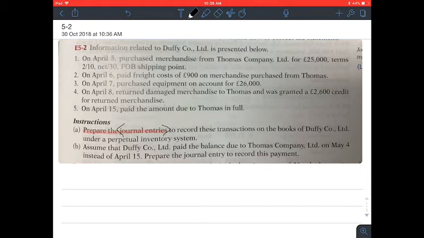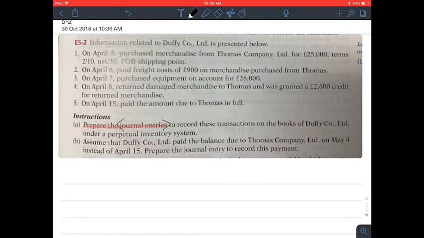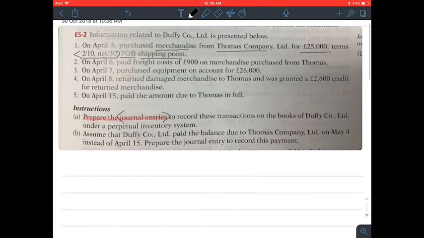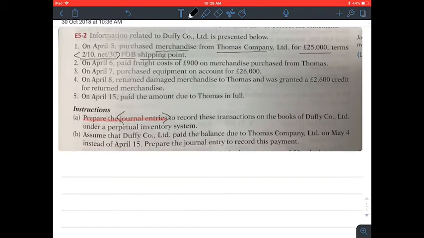Anyways, so let's go over number 1. On April 5, purchased merchandise from Thomas Company Limited for $25,000. Terms 2/10 net 30. And freight on board, shipping point. Basically, there are two companies, Duffy and Thomas Company.